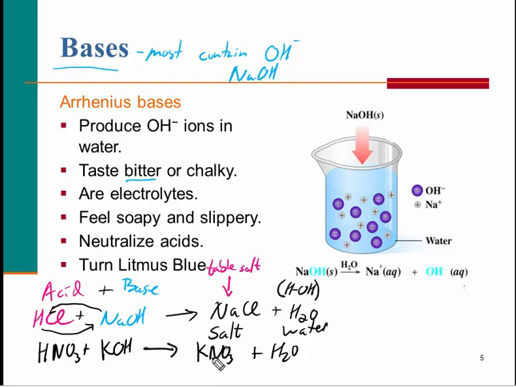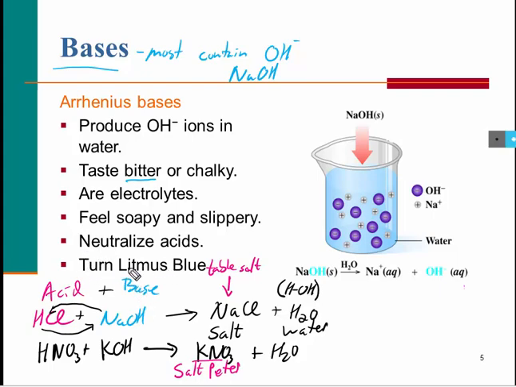Some salts have specific names, you know, sodium chloride is table salt. Potassium nitrate is also a salt that has a particular name. This is known as saltpeter, and it is an ingredient in gunpowder. And it's mined out of the ground, similar to how sodium chloride can be mined out of the ground. All right, so that's the neutralization reactions.